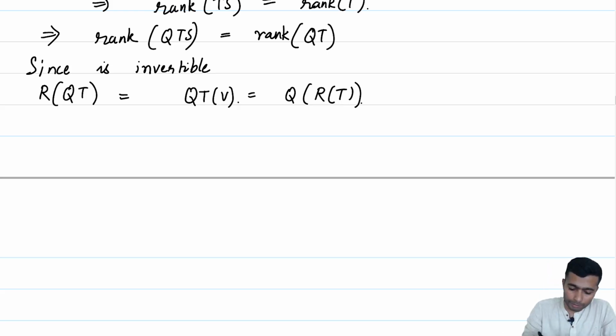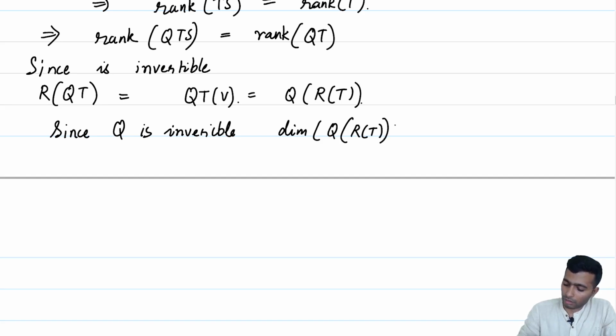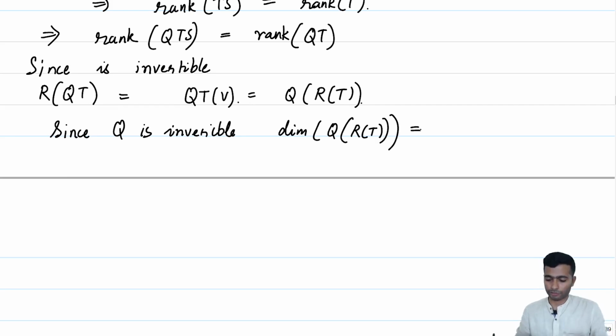So the range of T, but since Q is invertible, by dimension theorem, dimension of Q of R of T is equal to the dimension of the null space of Q plus dimension of Q of T of V, which is R of QT.